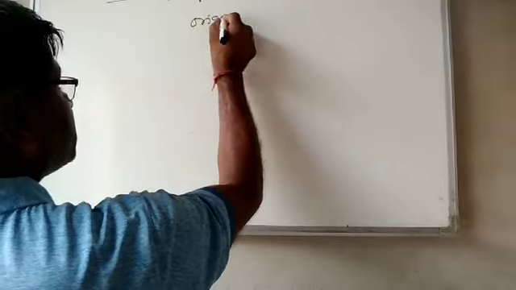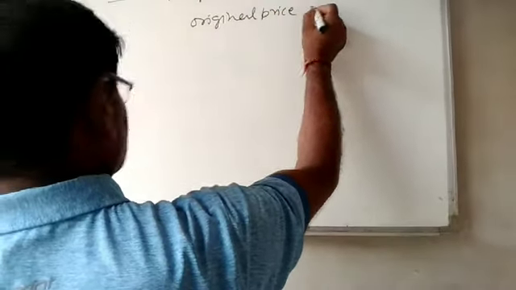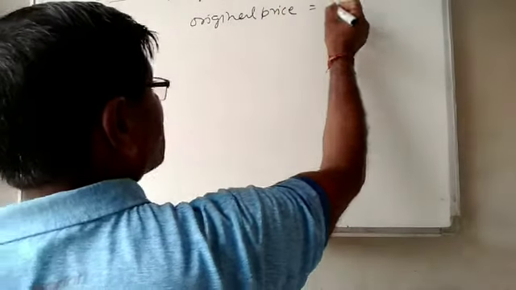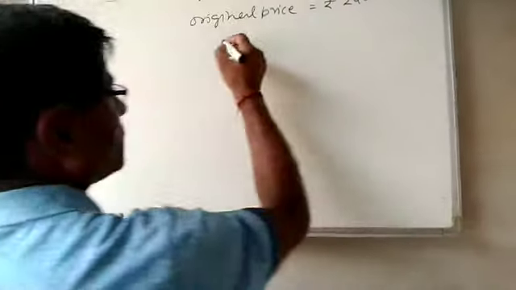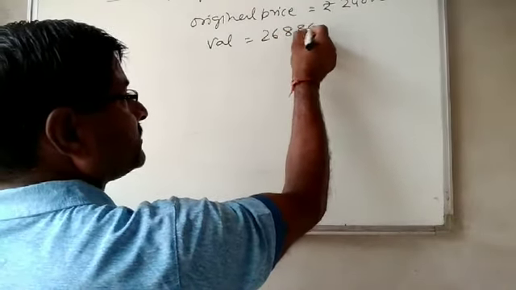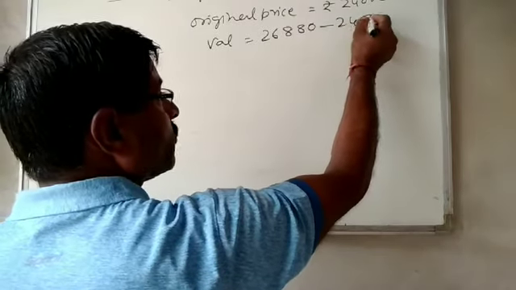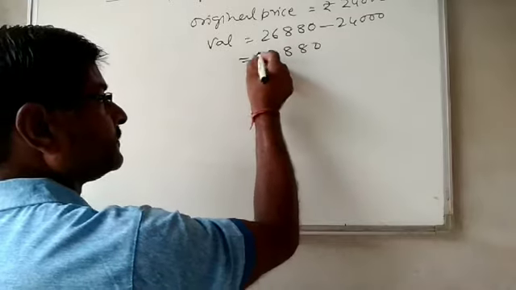Original price is equal to rupees 24,000. So VAT is 26,880 minus 24,000 is equal to 2,880.